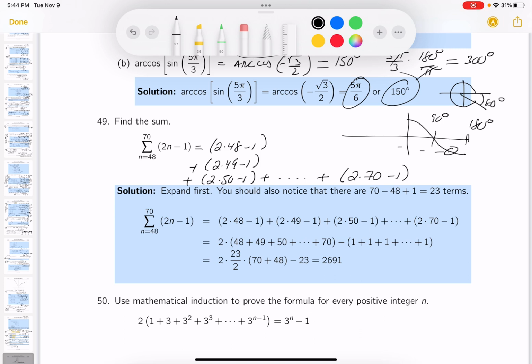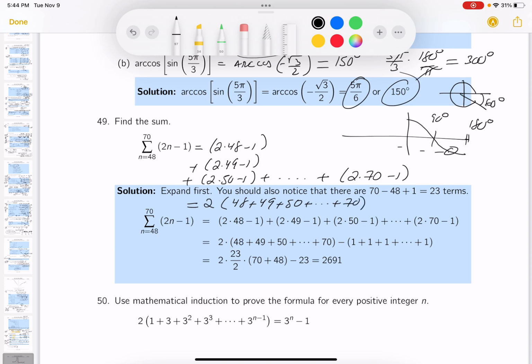All right? Now, granted, I'm not opposed to you doing that. I'm kind of looking at that, and maybe that's not such a bad idea. But what I would do now is I'd factor out a 2 from all those terms. And what are you left off with? 48 plus 49 plus 50 plus yada, yada, yada, all the way up to the number 70.